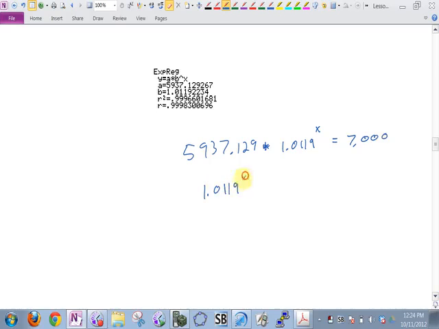Divide. So you have 7,000 divided by 5,937.129. Then we do what to both sides? Take a log, pick whatever log you want. I pick natural log. Bring the x down.